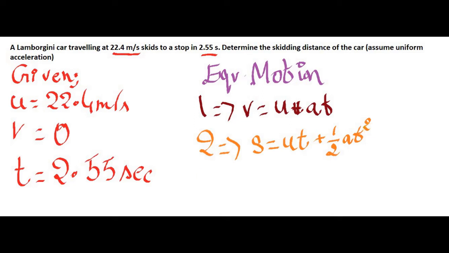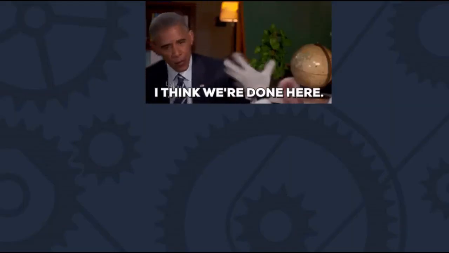And the last equation, that is the third equation of motion, is v square minus u square is equal to 2as. So basically these are the three equations of motion. Now let's try to use any of the equations that we have here in our question. So I think we are done here.